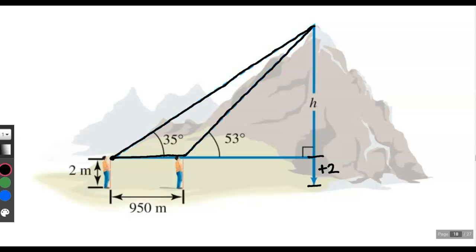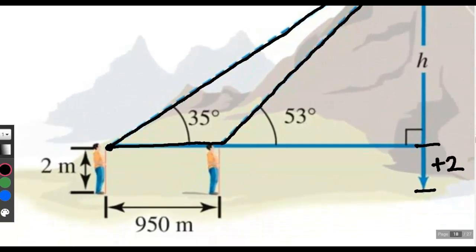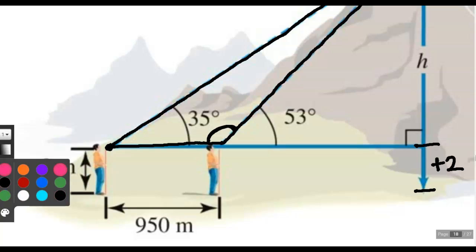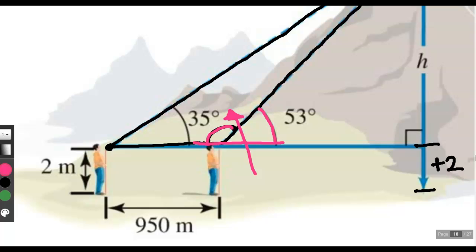We can use law of sines if we have an angle, side, angle triangle. Well, right now we don't, but how could we find this angle here? Yes, we know that that angle, that black angle that I just drew, plus the 53-degree angle together add up to be 180. So, what is 180 minus 53?